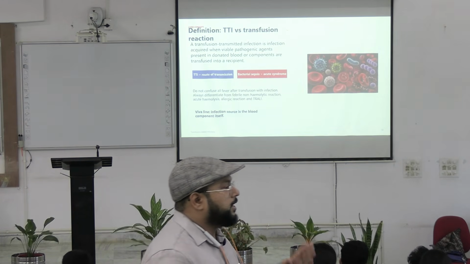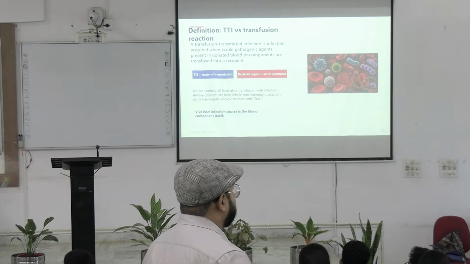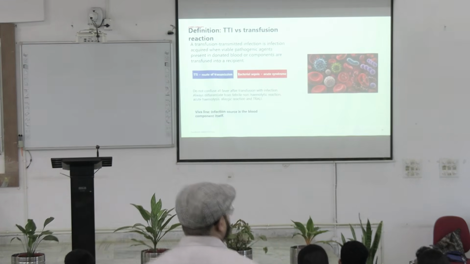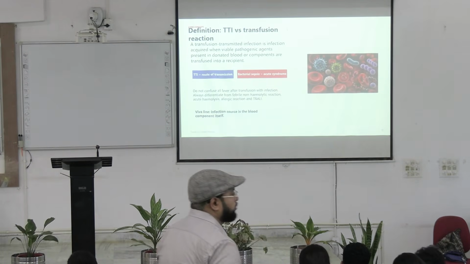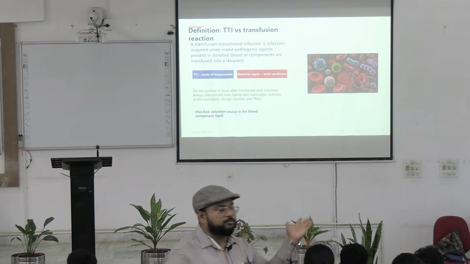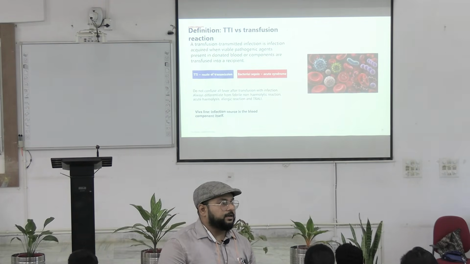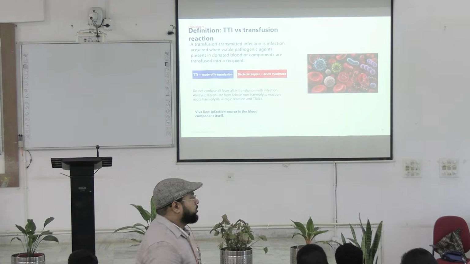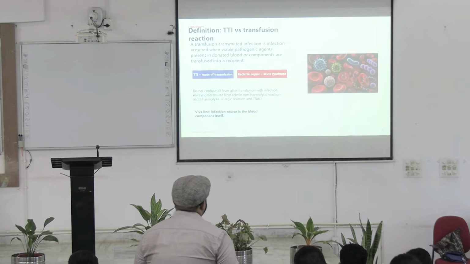We all know hepatitis C virus, hepatitis B and HIV are all blood-borne infections, right? If they are not properly screened, what will happen? If blood goes directly blood to blood, the recipient becomes positive, right? So this is called transfusion related infection.